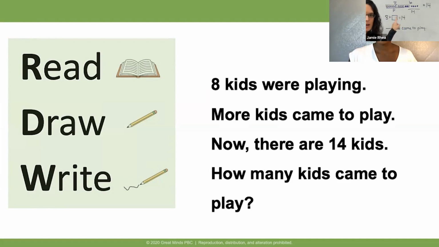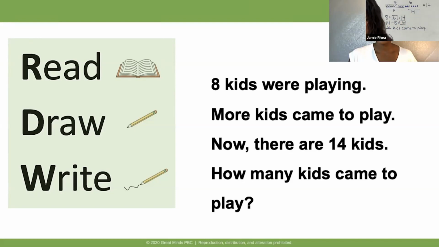Now, we figured out that there were 6 more kids at the playground. So there's my addition sentence. Now, if I do a subtraction sentence, I could say 14 kids were playing at the playground. 8 were playing, and some more came. And we knew that the more that came were 6. So the answer is 6 kids came to play.